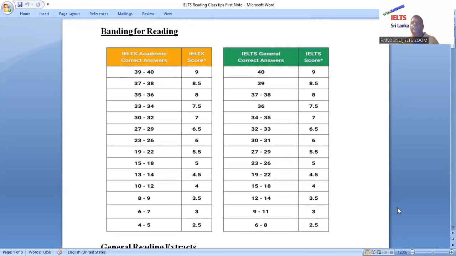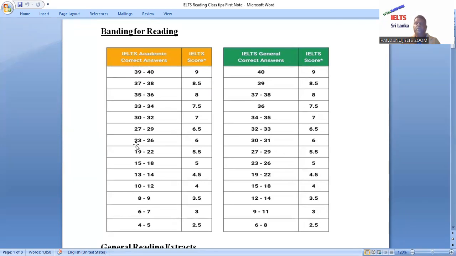If you are doing general, how they will give you banding. This table is for academic students. This table is for general students. Now, if you see band 6, in order to get band 6, if you are doing academic reading, you have to get only 23.